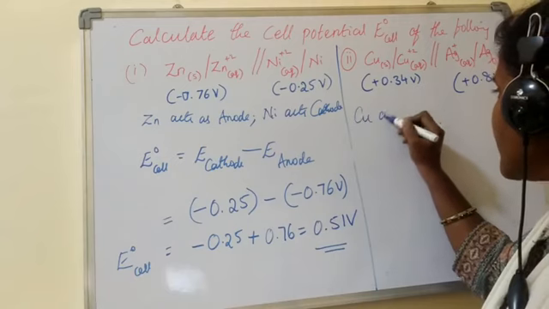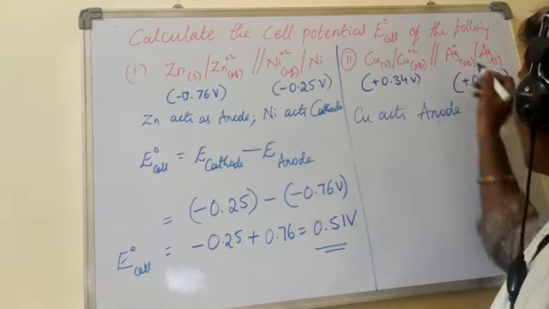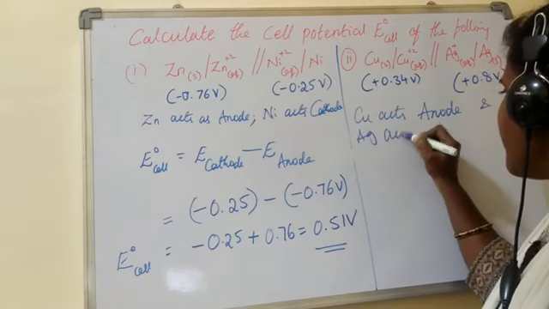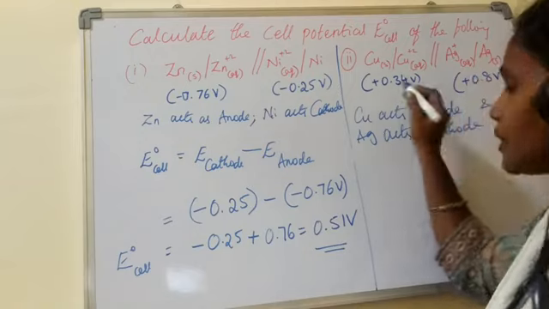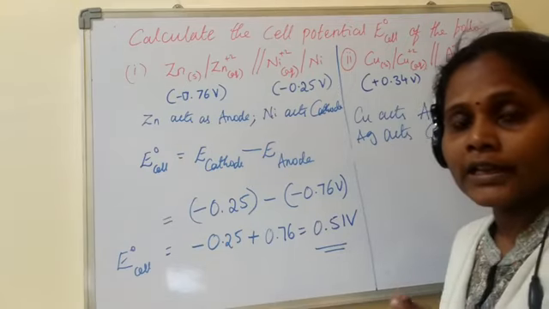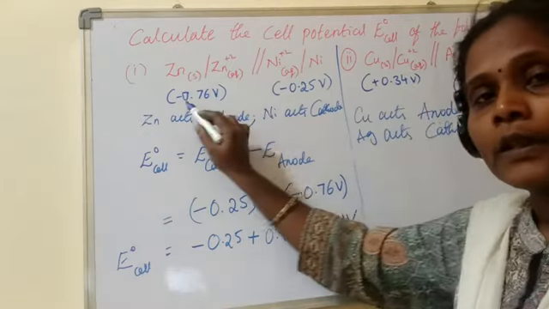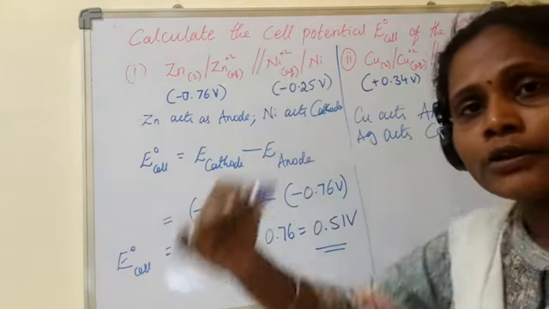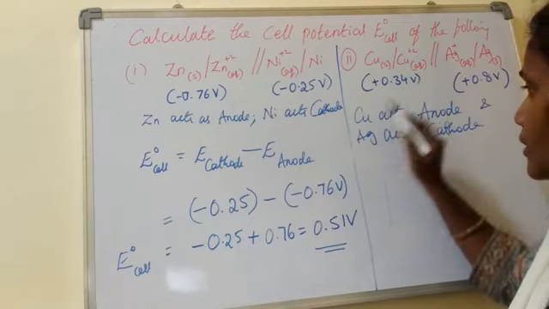Therefore, copper acts as anode and silver acts as cathode. And we also have the electrode potentials. Their standard reduction potentials are given, right? No need to learn the electrochemical series by heart. See here, the electrode potentials are given.